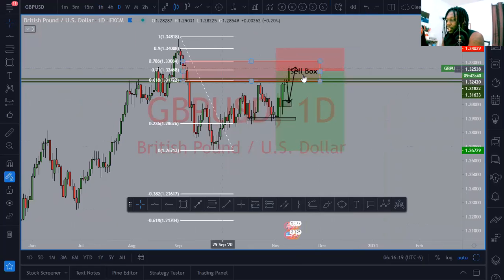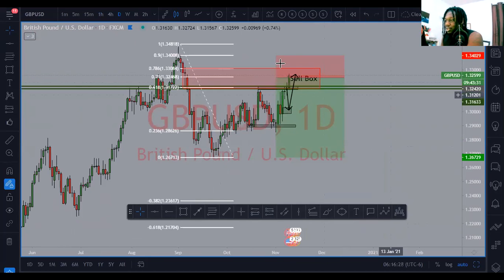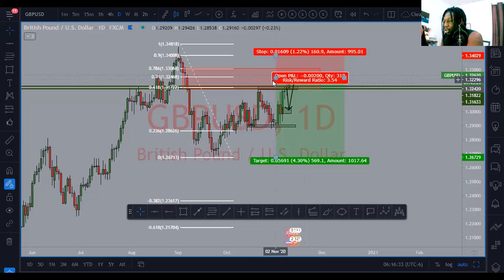I'm going to get into this trade because this is what I mapped out. It's a swingish kind of move, so I'm going to put price at its current level.